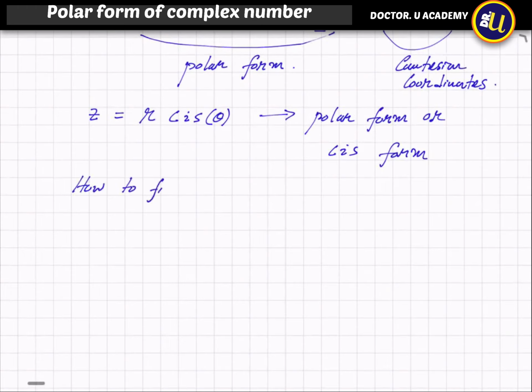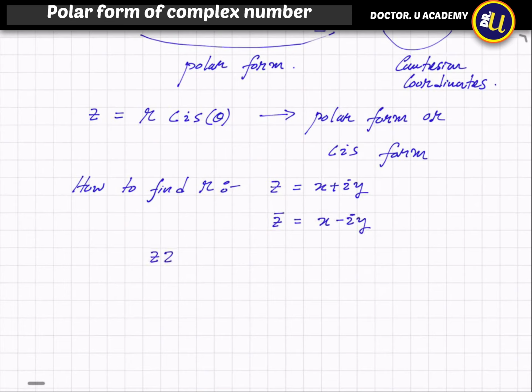Now we know r is square root of x squared plus y squared from the diagram. Now z is equal to x plus iy. This is very important. Now z conjugate is x minus iy.